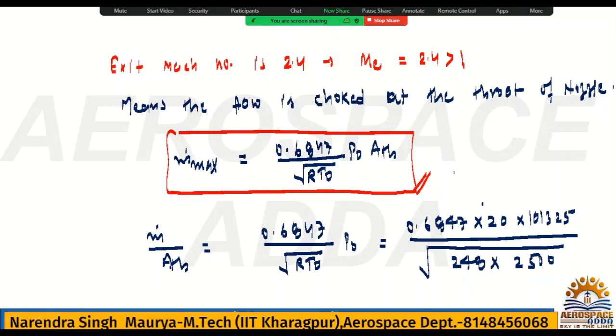So 0.6847 into 20 into 10 power 5, and I'm getting 1739, a little bit different value, but it's okay.